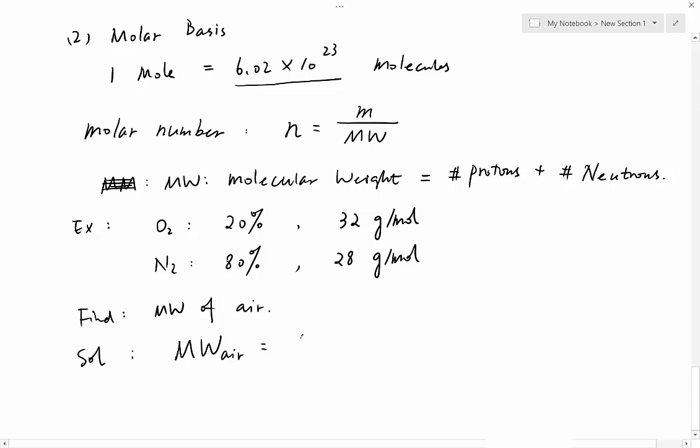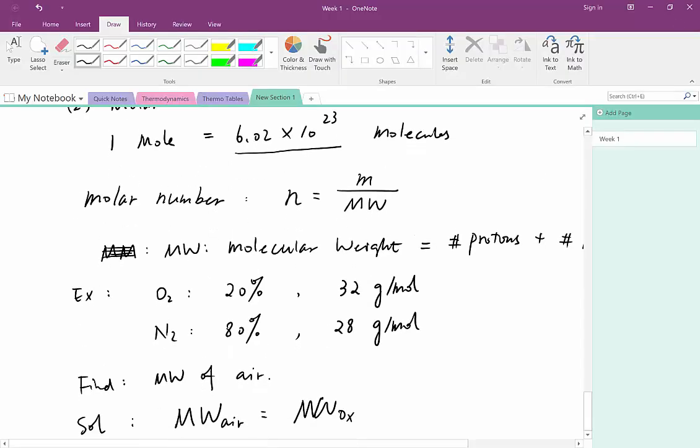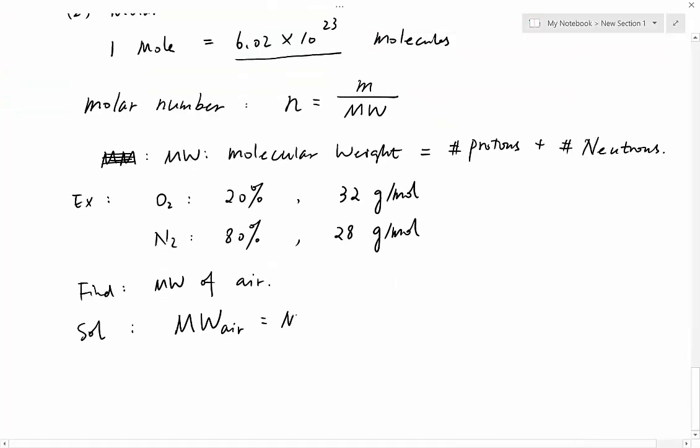So of course, the molecular weight of oxygen will contribute a little bit, and plus the molecular weight of nitrogen will also contribute a little bit.